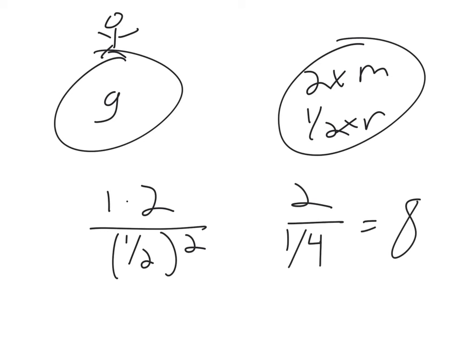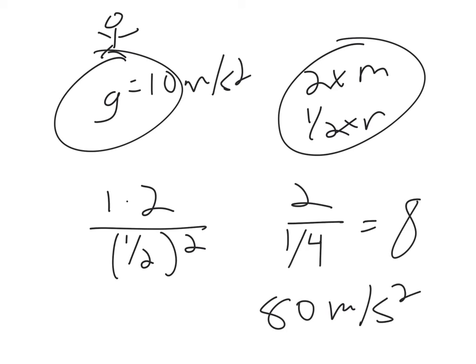So if the original planet that Bob was on had a gravitational acceleration of, say, 10, let's say he was on Earth, 10 meters per second squared, his new gravitational acceleration would be 80 meters per second squared, which means that he is 8 times heavier on this new planet, which would be very unfortunate for him. He wouldn't be able to move very well, I would imagine.